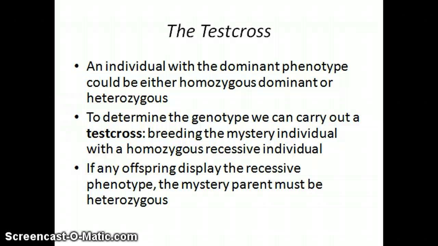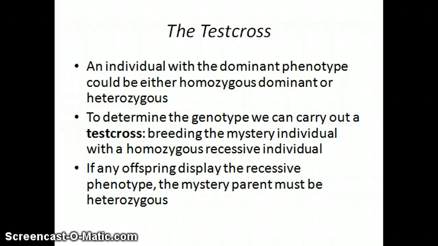So if we have a purple flower, for example, that dominant color or trait is purple. So when we look at that purple flower, we really don't know what its genotype is just by looking at it. We just know that it's showing the phenotype of purple. So the way that we can find out if it's homozygous dominant or heterozygous is to do a test cross.